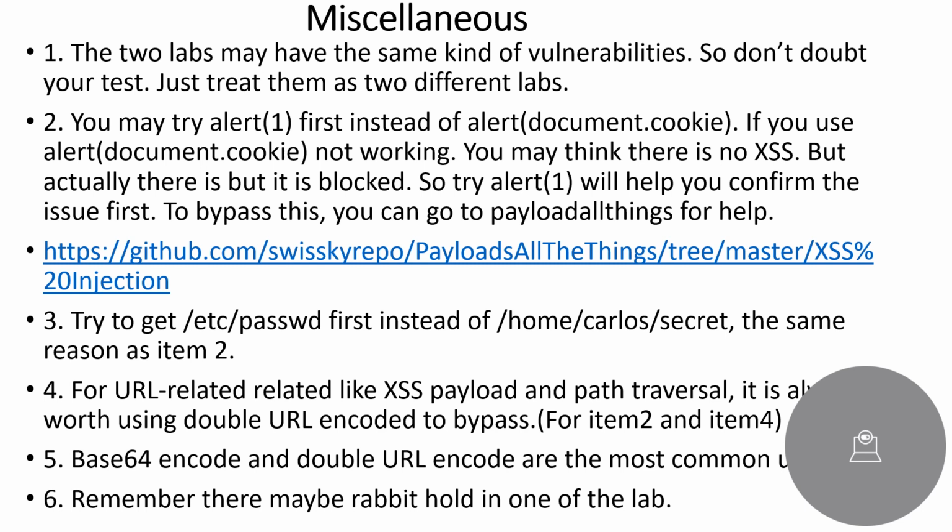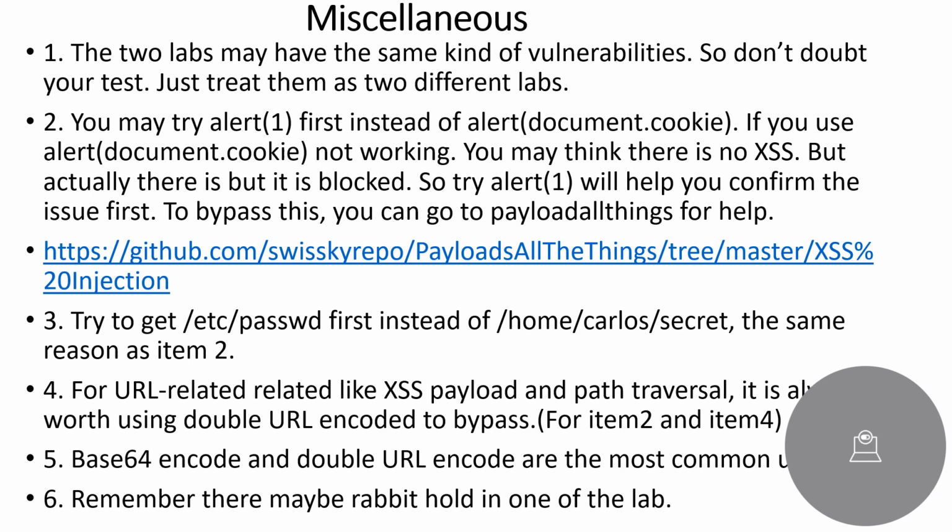But you need to make sure you are in the right direction. So the etc/passwd will let you know that you are in the right direction, so you can put more effort on it. If you can't even get the etc/passwd content, then I would suggest you skip this checkpoint. This means maybe it is not valuable, right?